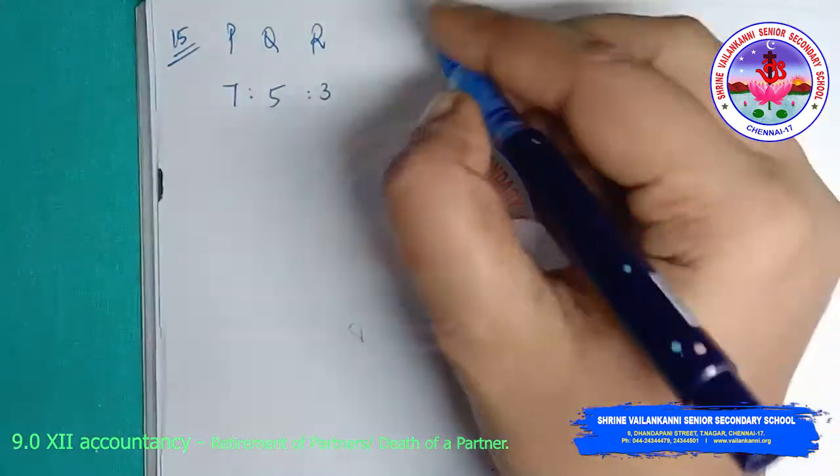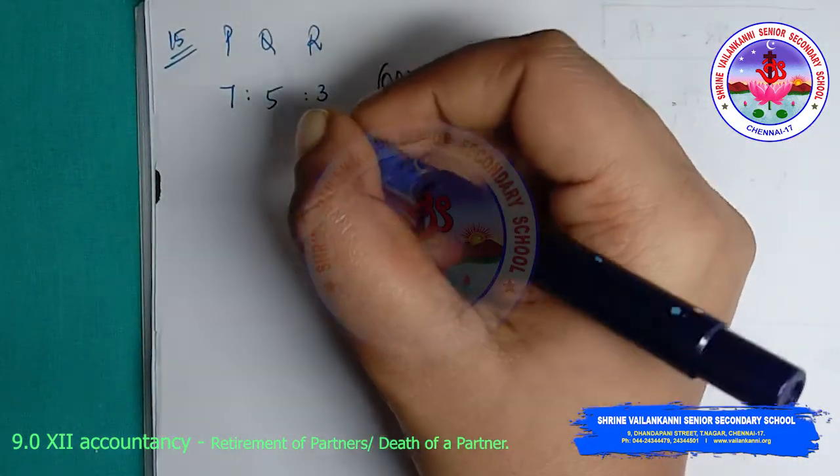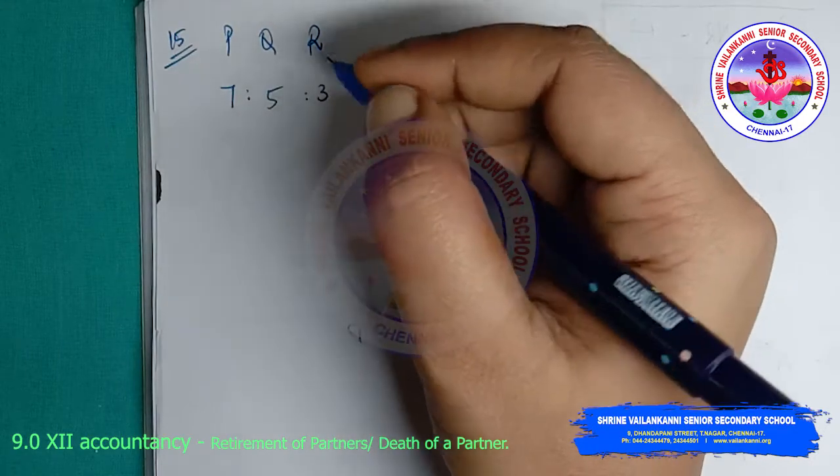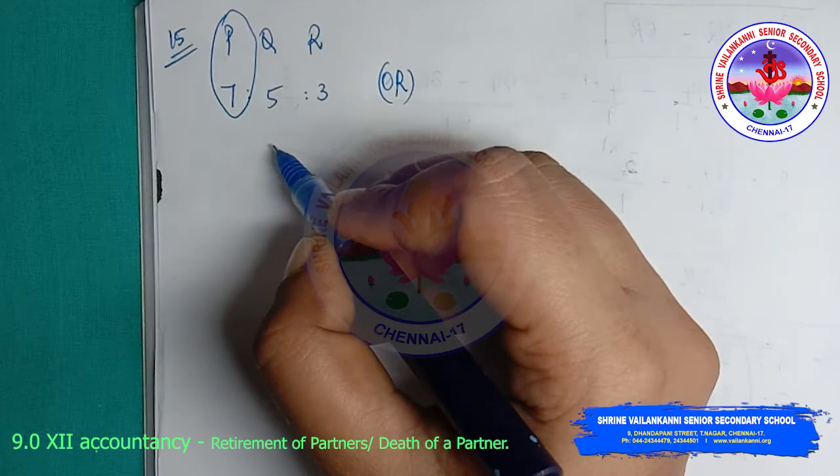So this is the old ratio. Who is retiring? P is retiring. So what is the new ratio?